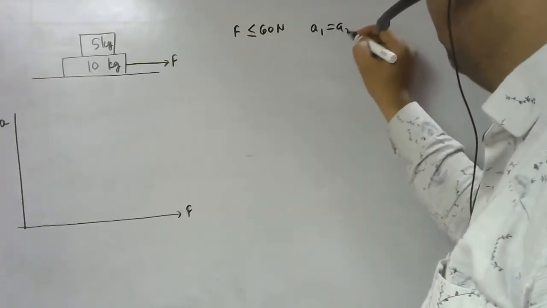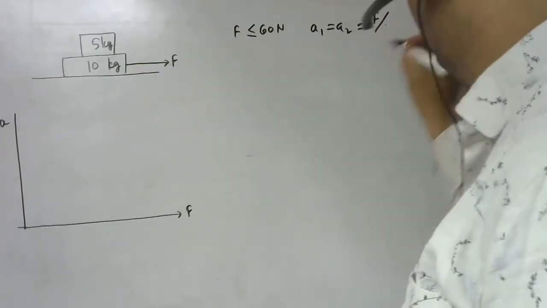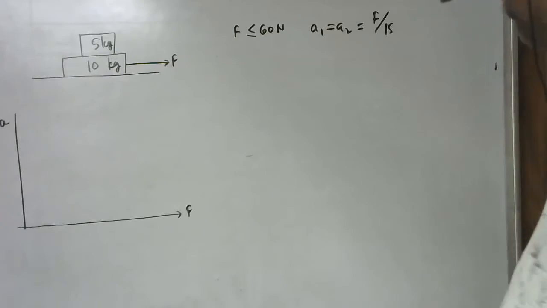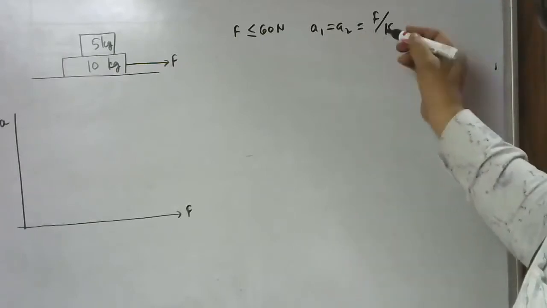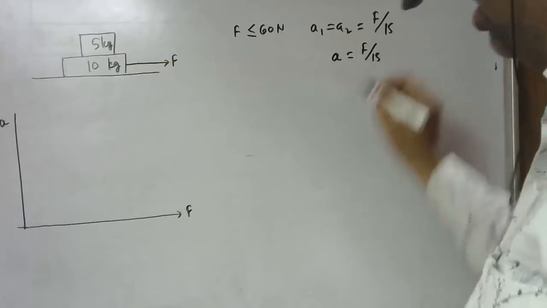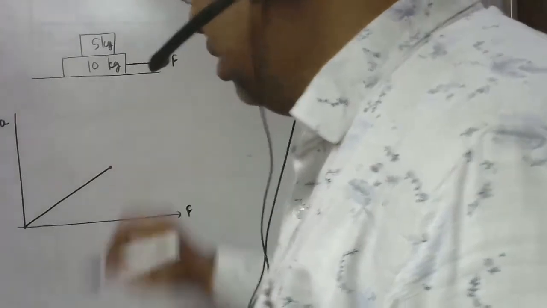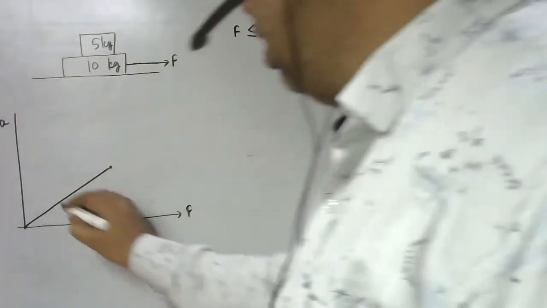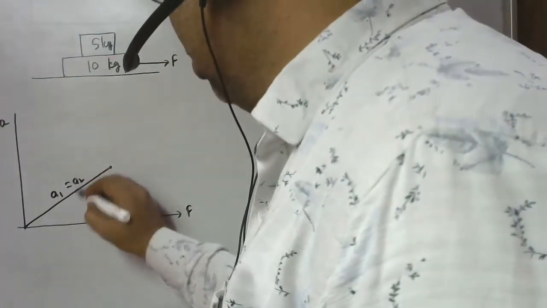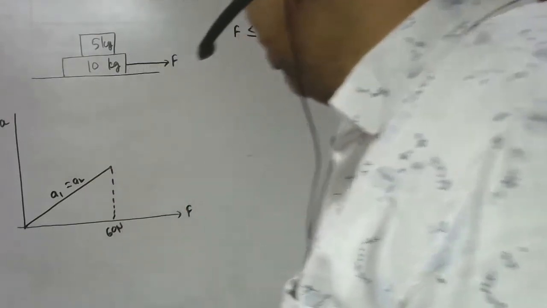A1 equals A2 equals F upon the total mass of the two blocks, I mean 15. So this acceleration is directly proportional to force, and it looks like this.